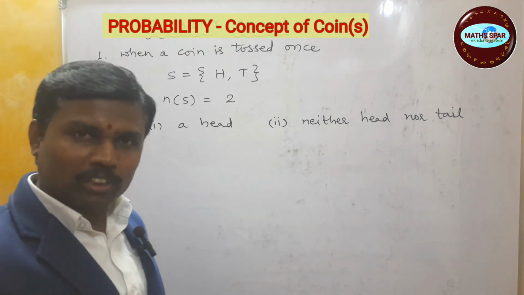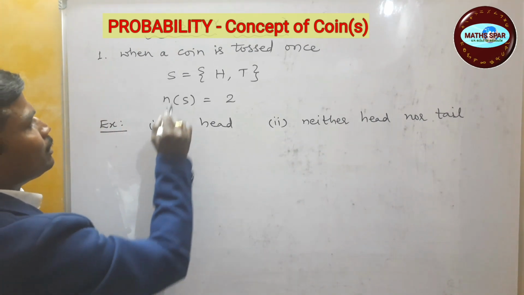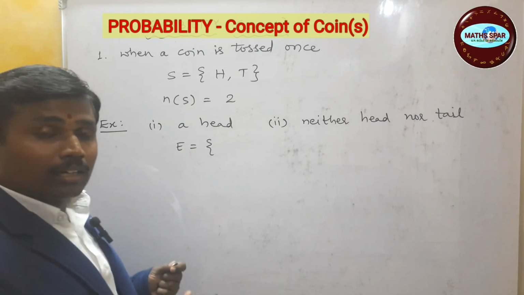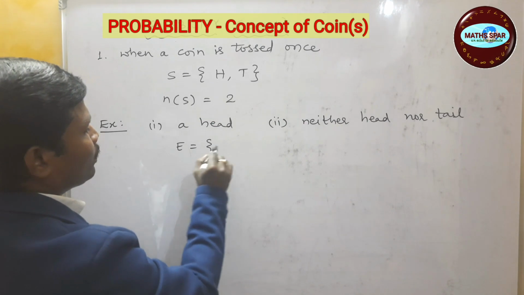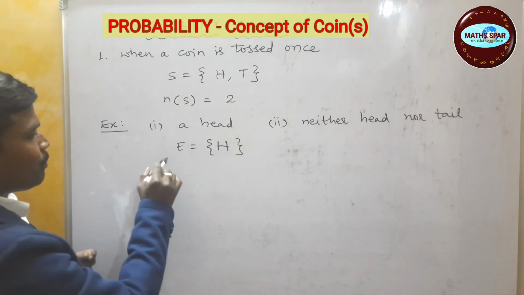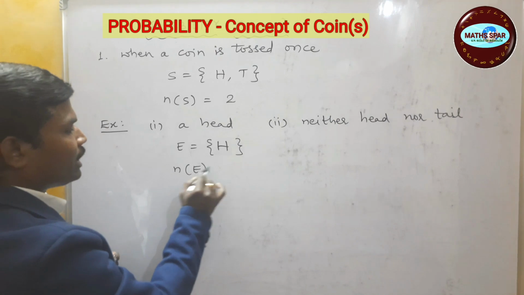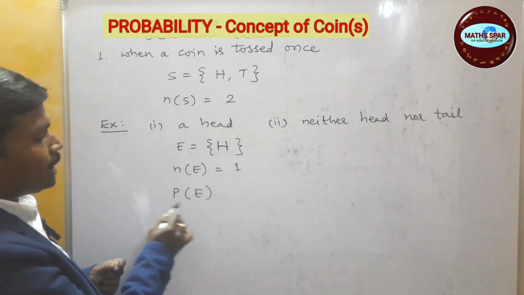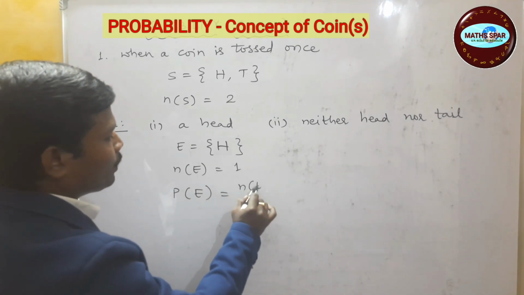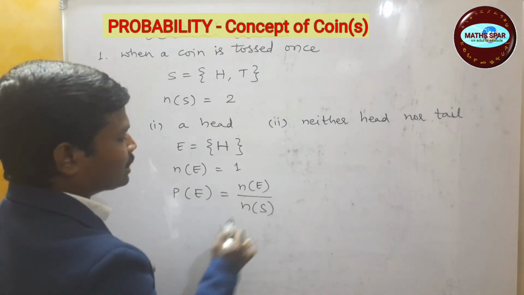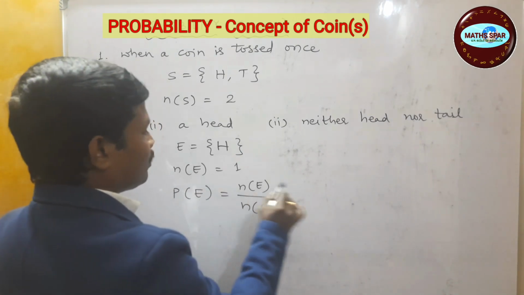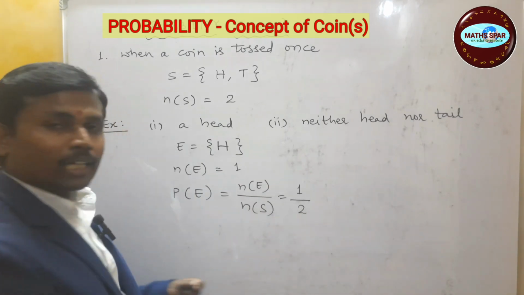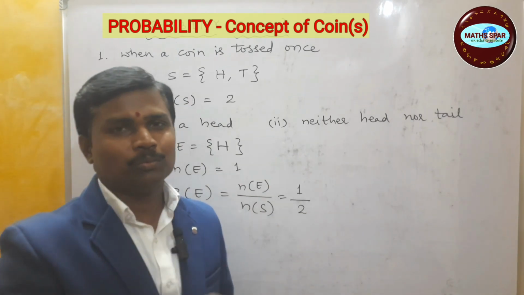When we look at these two questions, head: now, event, we are expecting a head. So here n of E is 1. So probability of getting a head, that is P of E, is equal to n of E by n of S. That is, favorable outcome is 1 and total number of outcomes are 2. So the result is 1 by 2.